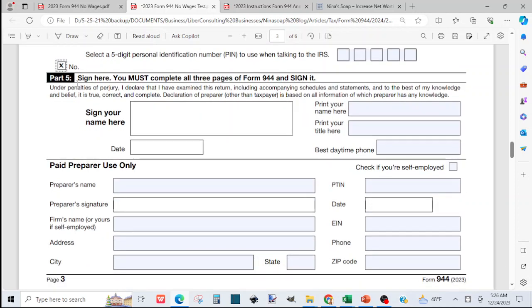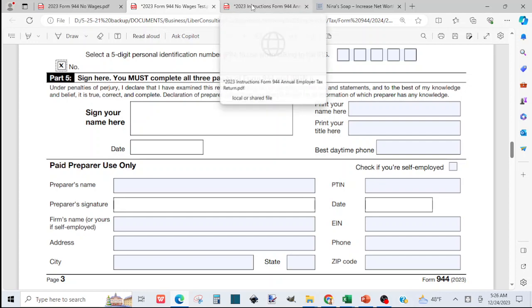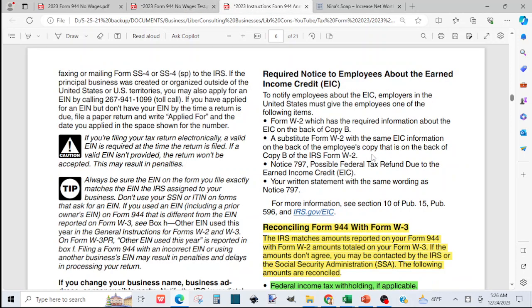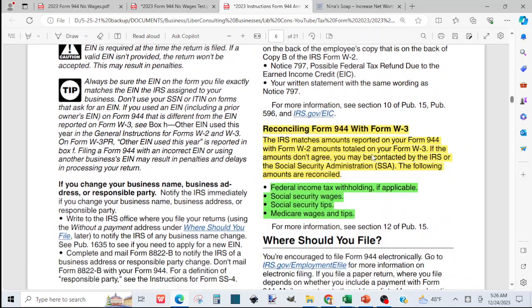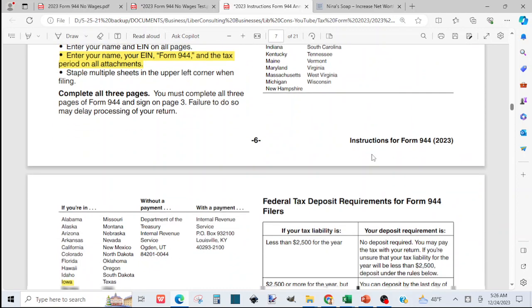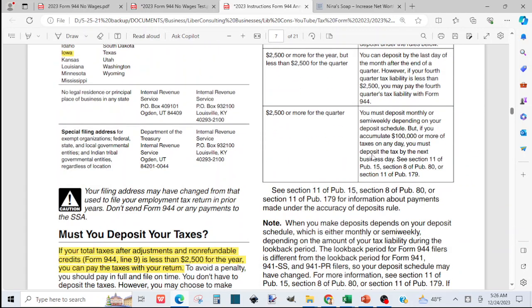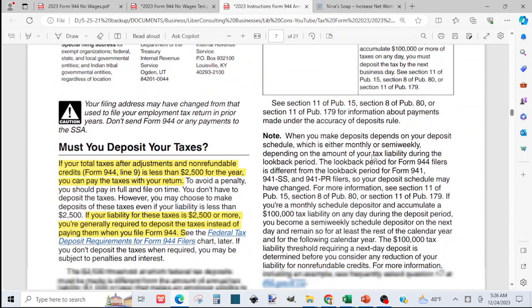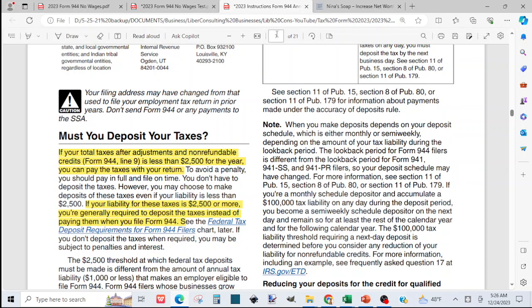Part 5, sign here. So let's see who is supposed to sign your form 944.